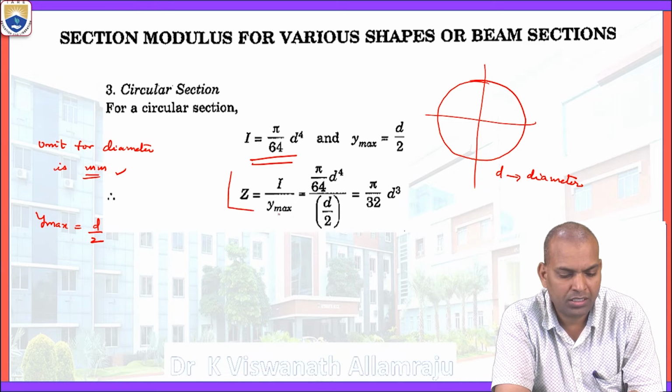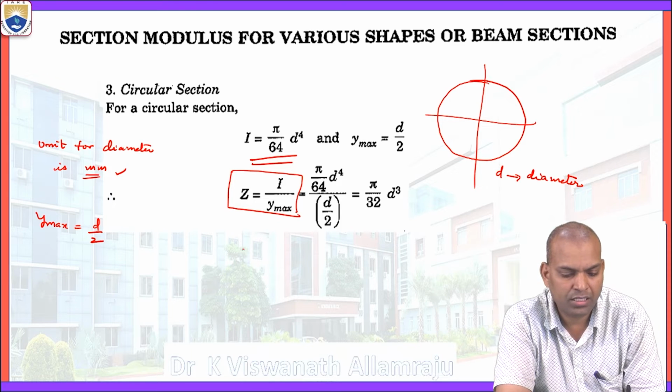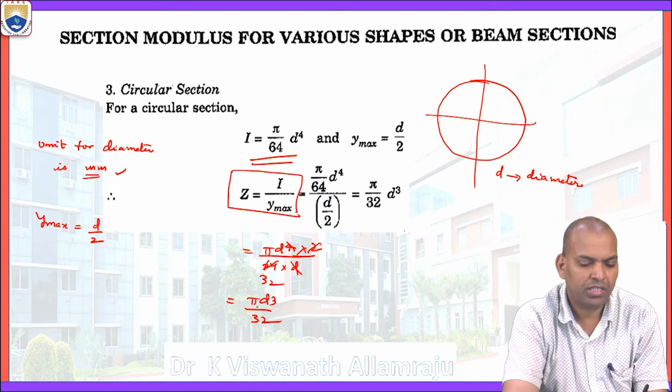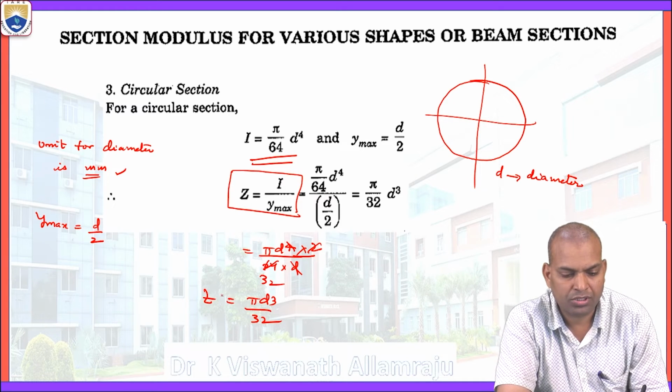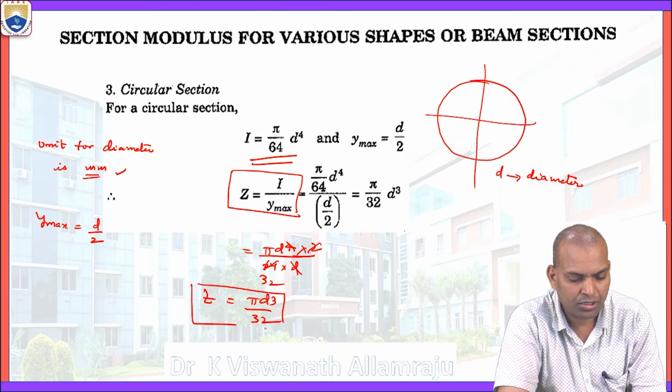Substitute in this relation, Z equal to I by Y max, where I is pi d power 4 by 64 and Y maximum is d by 2. Then it becomes 32 and d, pi d cube by 32. After simplification, the section modulus for a circular cross section is pi d cube by 32.